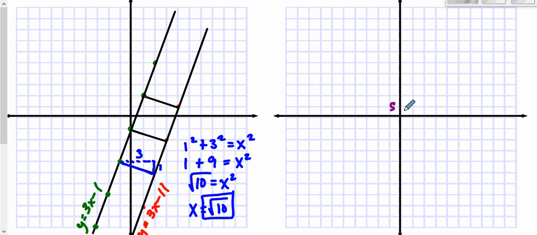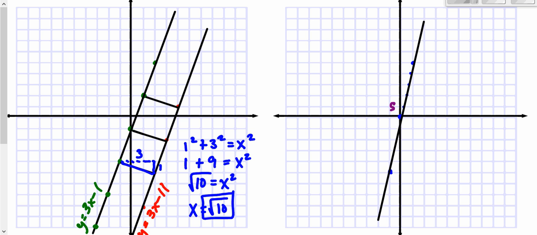The 5x is going to have a y-intercept of 0, and you're going to go up 5 over 1, like so. Now I know that that's up 25 over 5. That's the same as going up 5 over 1 and putting a dot. And it ends up connecting. So I can go down 1, 2, 3, 4, 5 over 1. That's going to give me a really good picture of that graph.